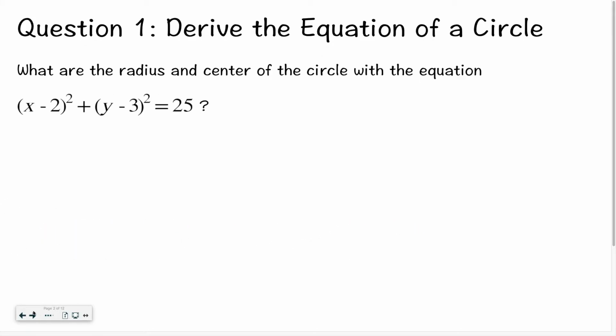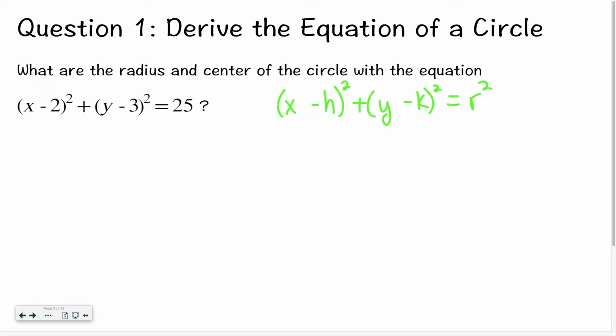All right, so if we look at question 1, derive the equation for the radius of a circle. So remember, our equation is this. I guess you don't need the 2.